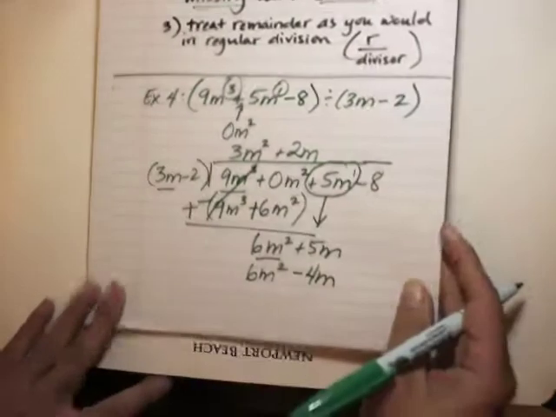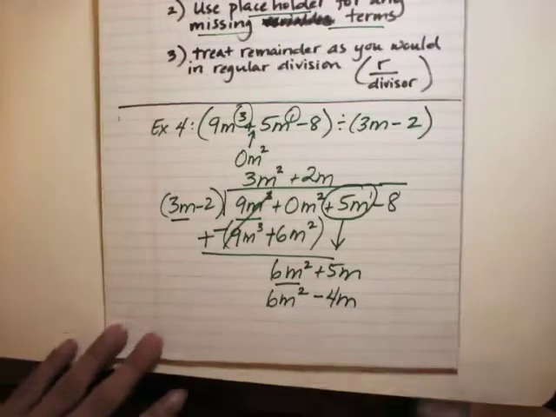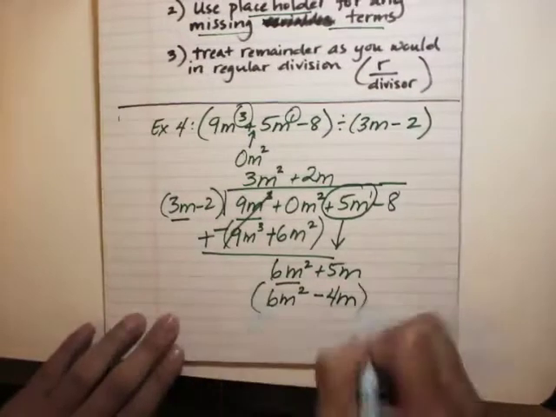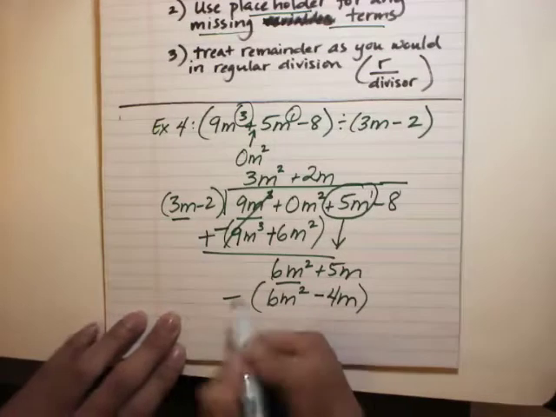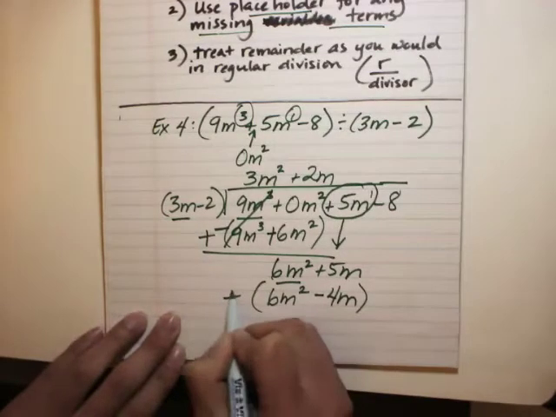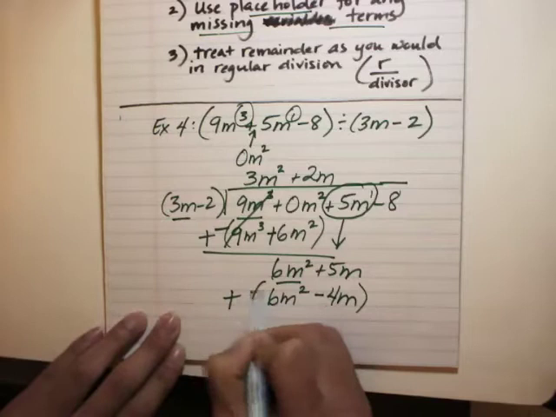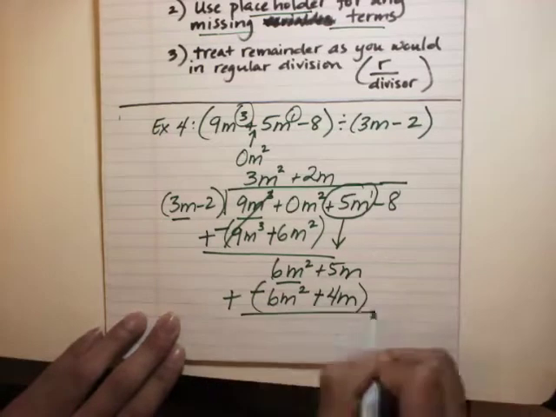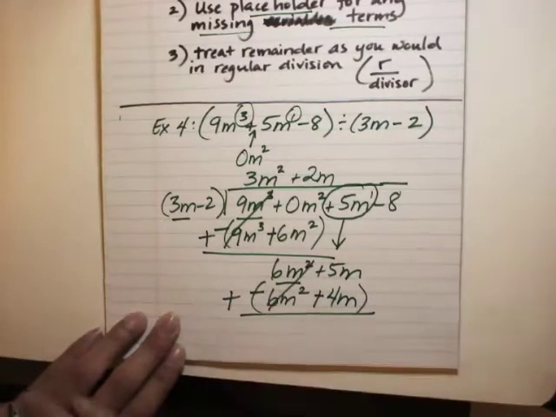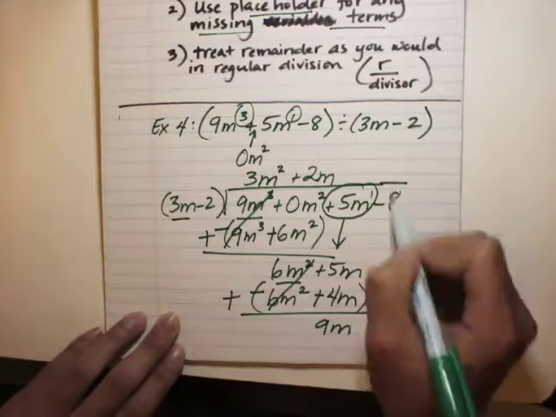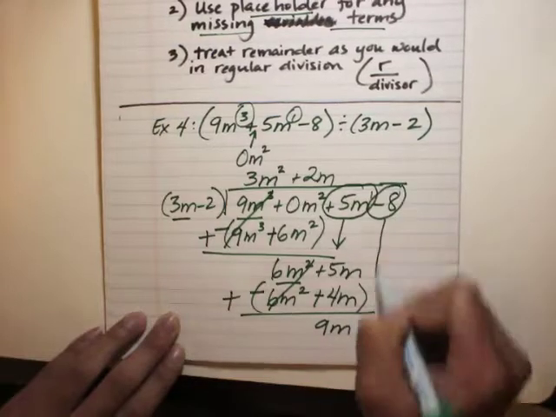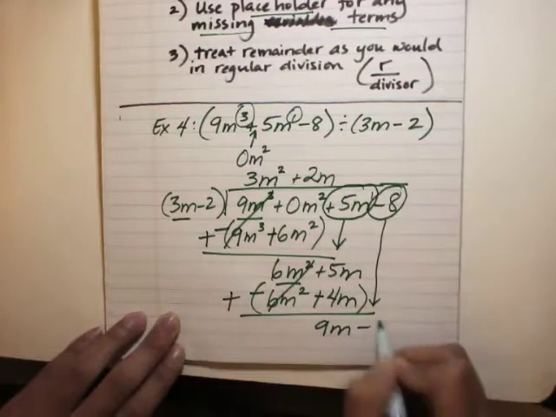Okay, I'm going to move this up a little bit. So we are, in parentheses, subtracting this whole binomial. So we're going to distribute that negative sign, make it adding the opposite, canceling this out. Okay, so we have 9m now, and again I need to bring down the negative 8.